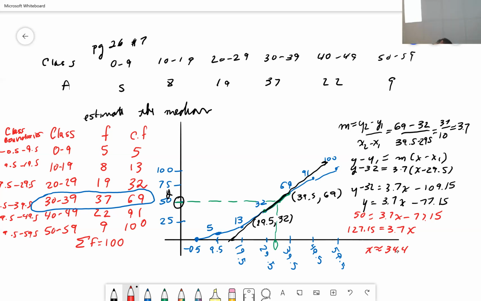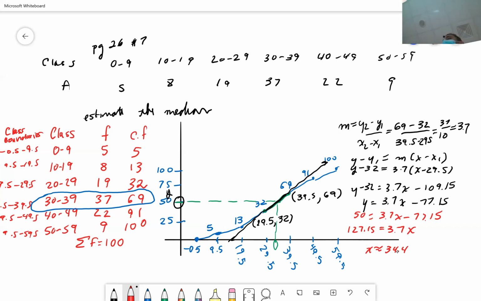So the class width here is 10, so you could have done 0 to 10, 10 to 20, 20 to 30, 30 to 40, 40 to 50, or you subtract half and add half to each side of the class to close the gap that exists between the classes. They're okay with you going 0 to 10, 10 to 20, 20 to 30, 30 to 40, 40 to 50, and 50 to 60. In fact, I'll go ahead and do it that way so you can see the difference in the answers.